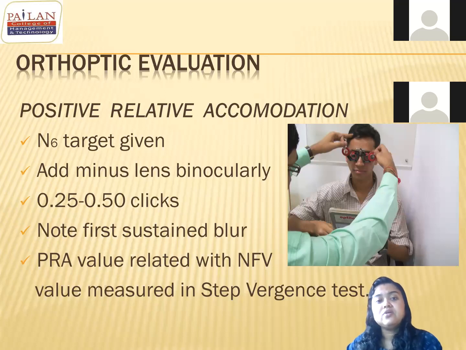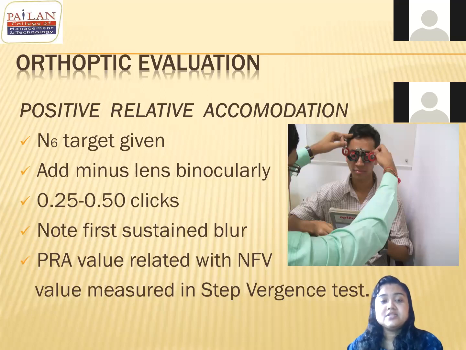Here you need not keep a higher lens and remove the lower lens, because in this positive relative accommodation test you are stimulating the accommodation. When we put minus lenses, you are stimulating the accommodation, and you are finding out till how much accommodation the patient can be stimulated.